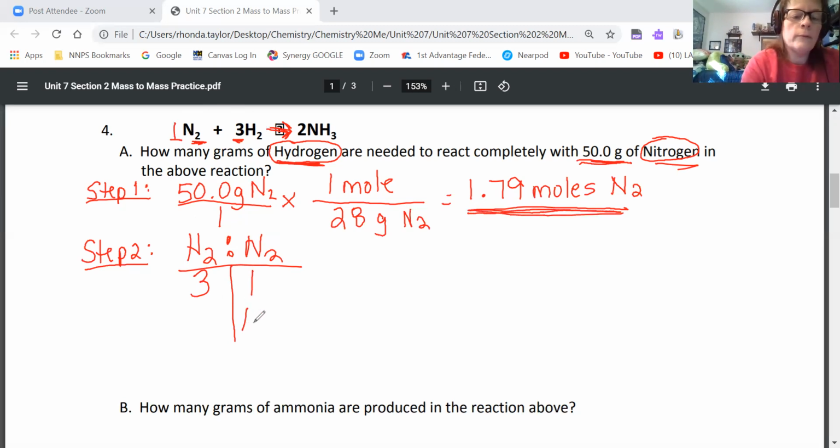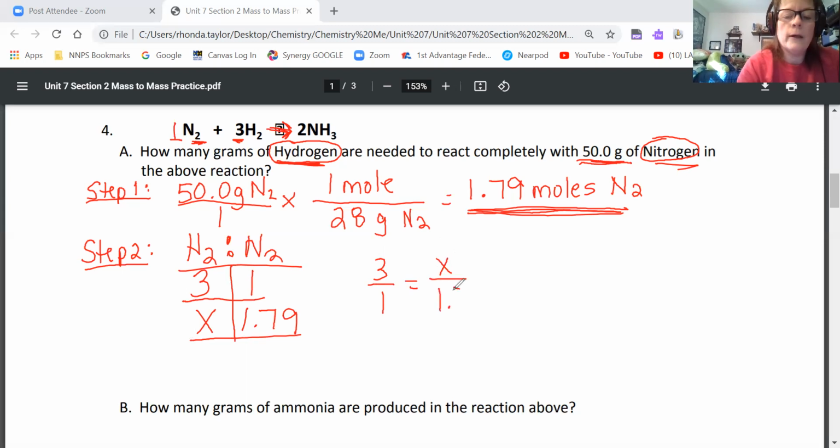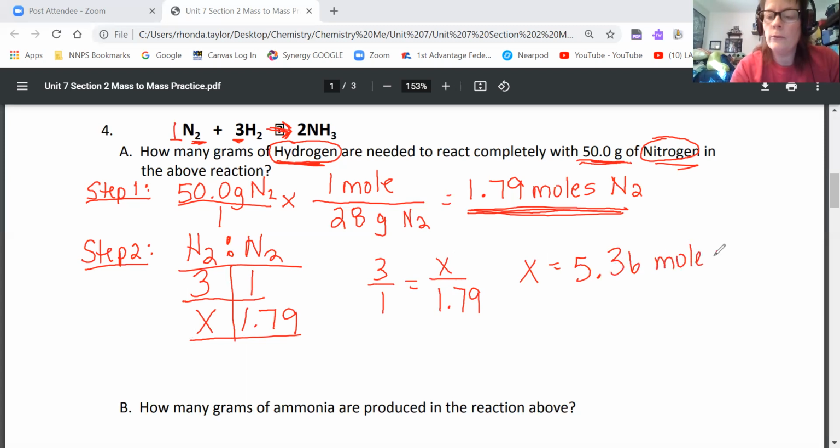We have 1.79 moles of nitrogen, and we're trying to figure out hydrogen. All right, so our first ratio, 3 over 1, and x over 1.79. Okay, 1 times x is x. 3 times 1.79 is 5.36. So that tells you how many moles of H2 that you have when you have 1.79 moles of nitrogen.